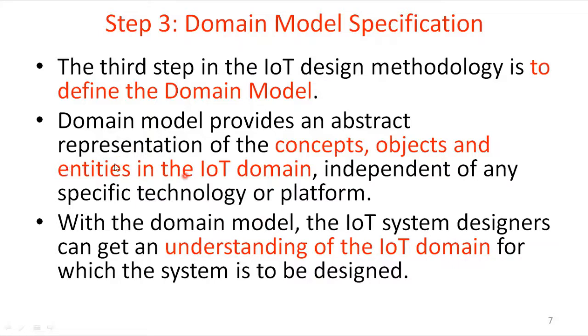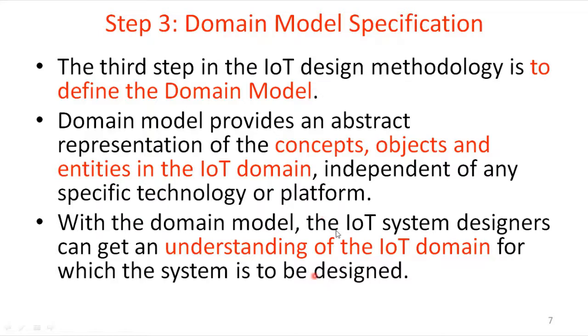For example, employee is an entity, student is an entity, department is an entity. In a database management system, each is represented as an entity. There is a difference between an entity and a class. Classes have attributes as well as state, but an entity does not have state, only attributes. It is independent of specific technology and platform.